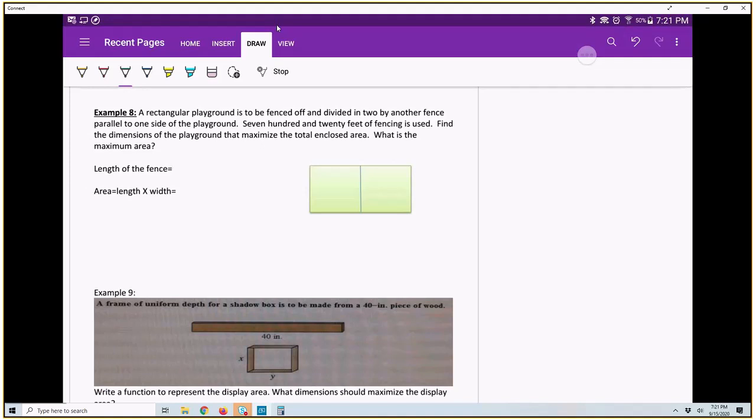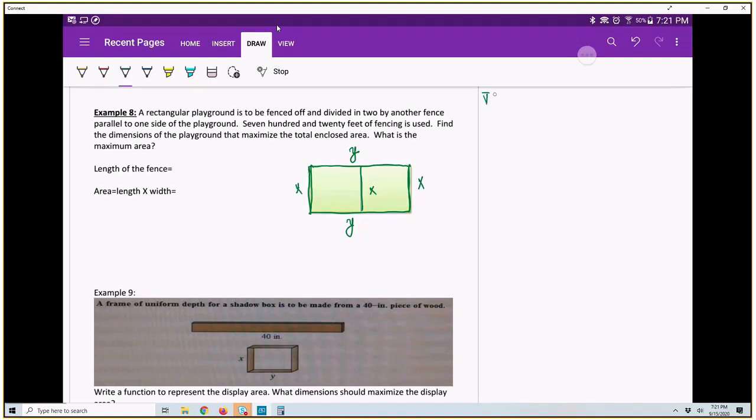So what I do, I go ahead and say let this total side here be y, that's the length, and this is y, and the width, let's say, is x. So I will have 3 of them because I need this middle fencing as well.